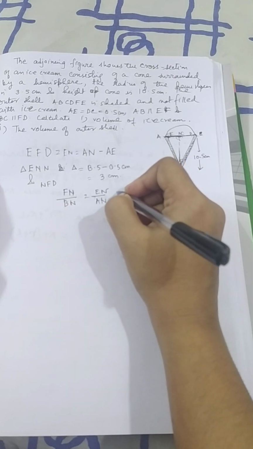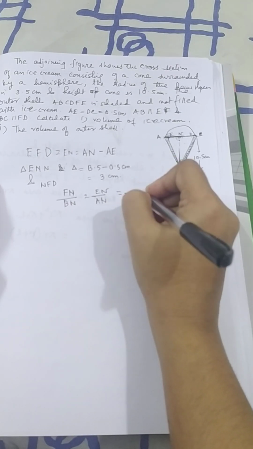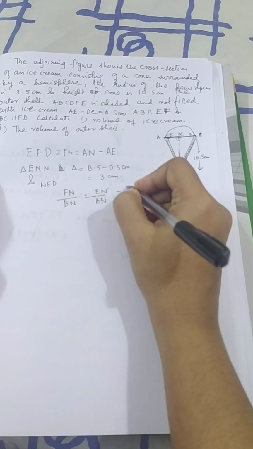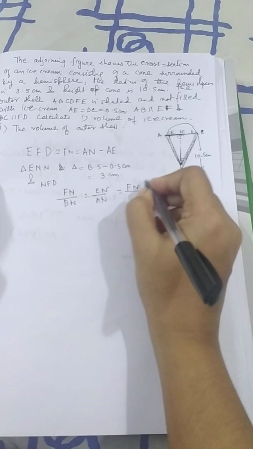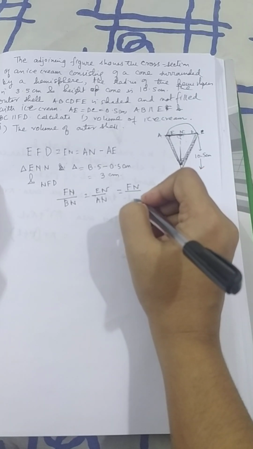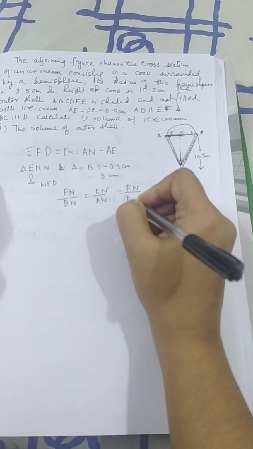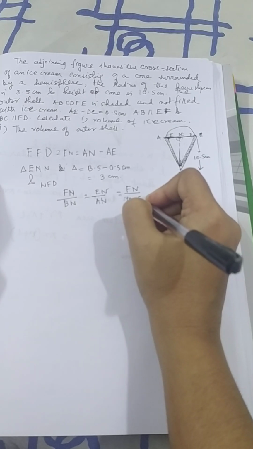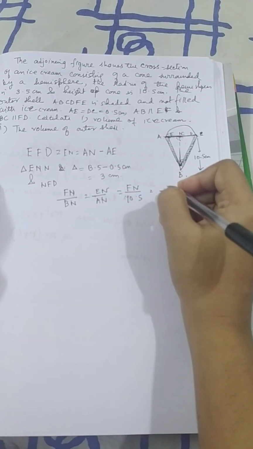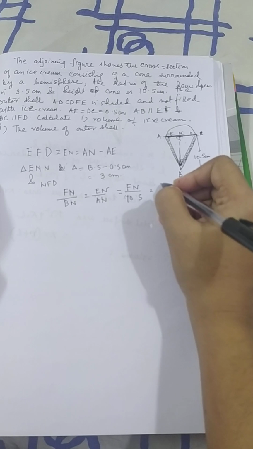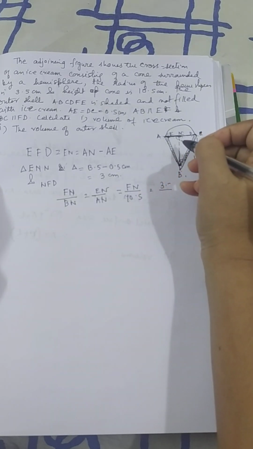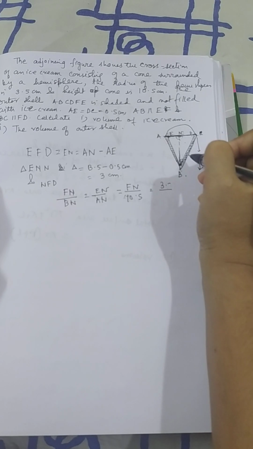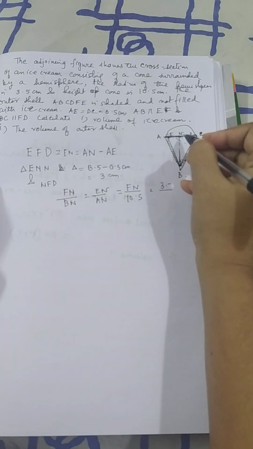Now we don't know the value of FN, so I am putting FN here, and from AN, we know that NB is nothing but 10.5, and from EN we know that it is 3, and also AN. What is the value of AN?